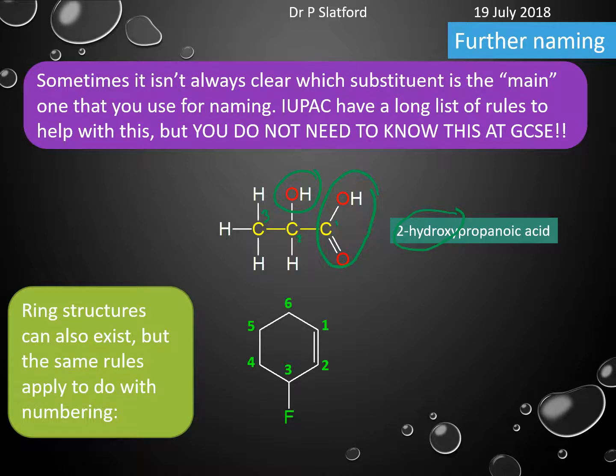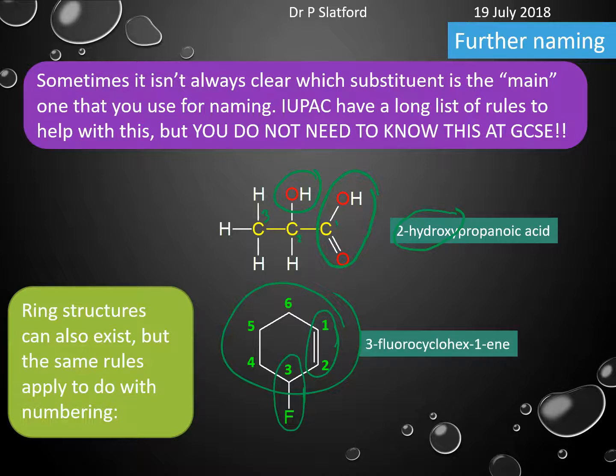But this one here, if we number it in this way, then we get 3-fluorocyclohex-1-ene. Okay, and we can debate whether you actually need that 1 in there because you've numbered it. So you might find it as 3-fluorocyclohexene or 3-fluorocyclohex-1-ene.